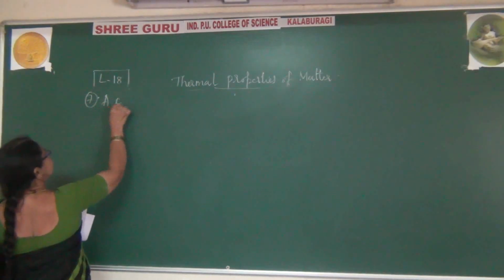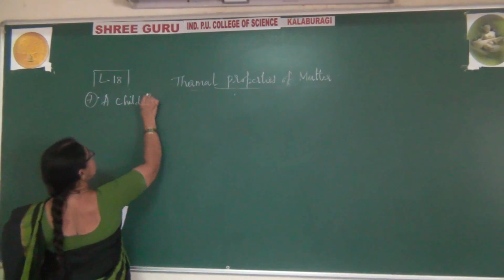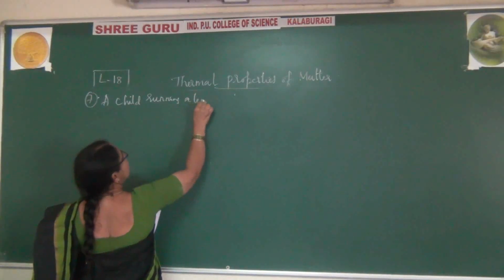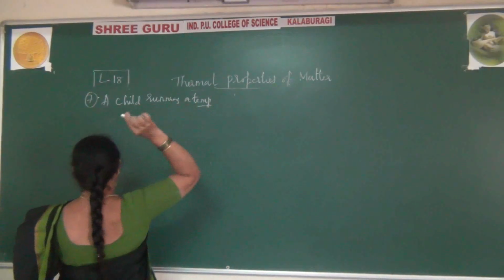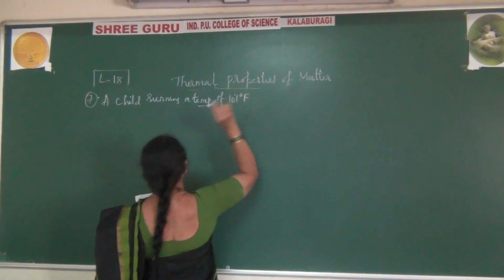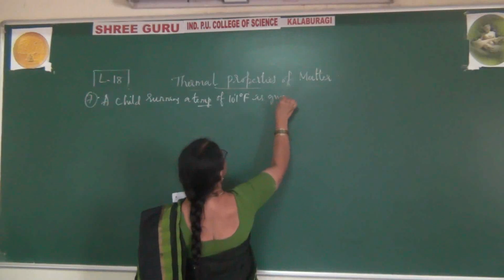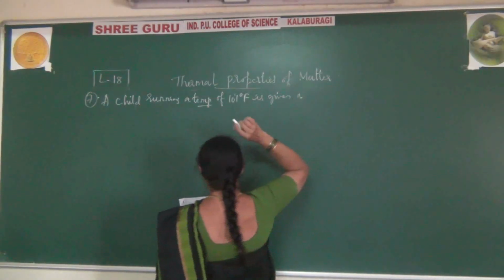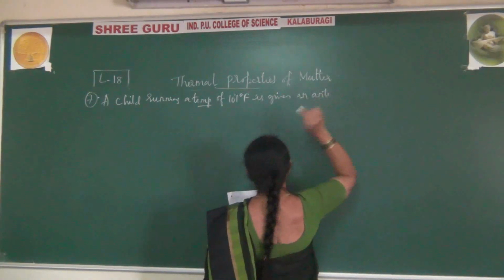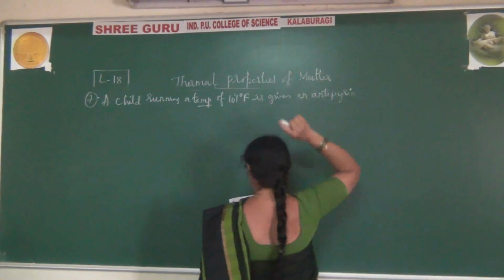A child running a temperature of 101 degree Fahrenheit is given an antipyrine.